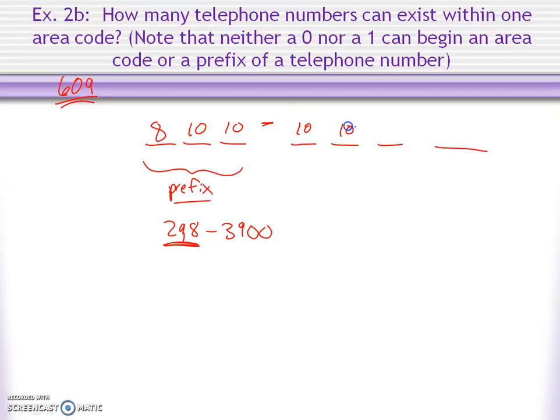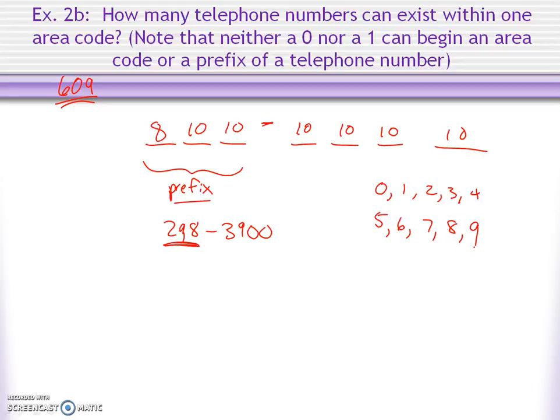Now, this is a rather simplistic way of looking at it because I'm sure we can't have 555. That's like the Hollywood combination. We couldn't have 911 or anything like that. But based on this problem alone, we've got 8 numbers that can go here, 10 that can go in the remaining slots. Of course, 0, 1, 2, 3, 4, 5, 6, 7, 8, or 9.